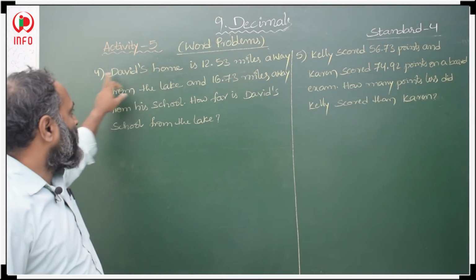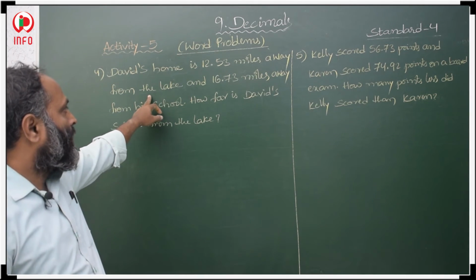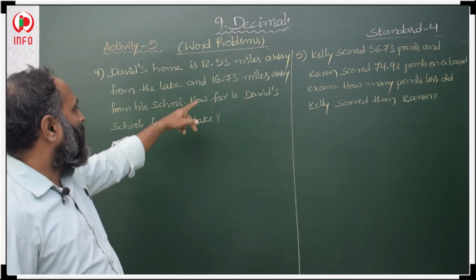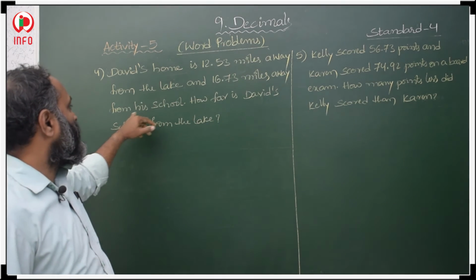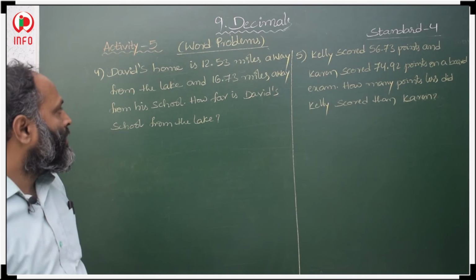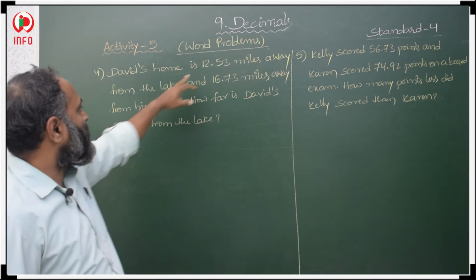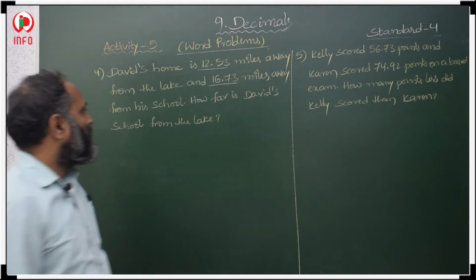Next question. David's home is 12.53 miles away from the lake. And again, 16.73 miles away from his school. Home is this many kilometers from the lake and the school is this many kilometers away from his home.